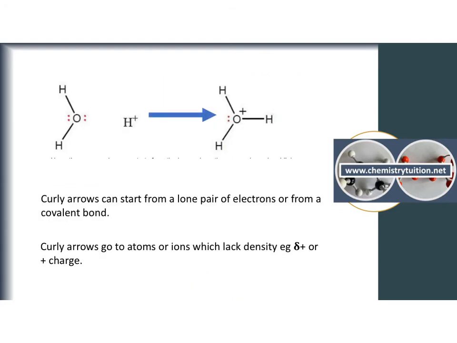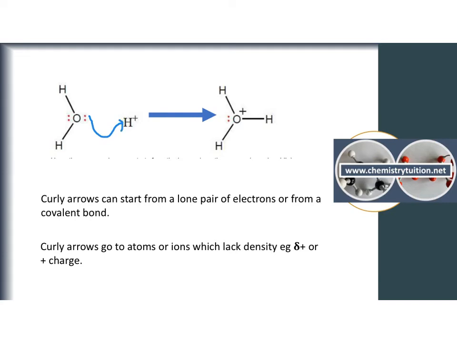So let's start by looking at the interaction between a water molecule and a hydrogen ion, like so. I've got a lone pair of electrons on my oxygen atom, so they are likely to be attracted to my H+, because electrons are negative and the hydrogen ion is positive.